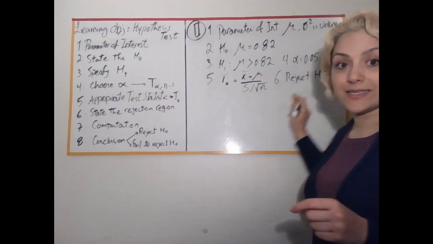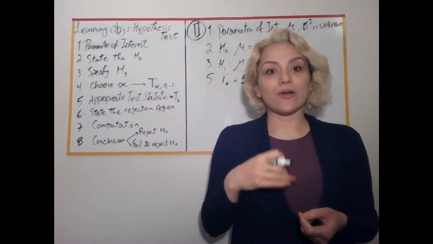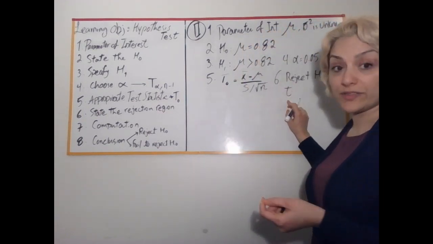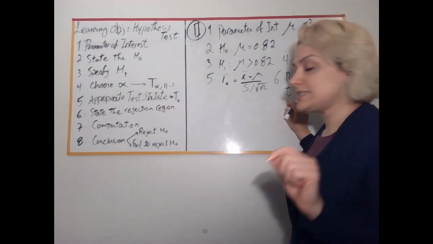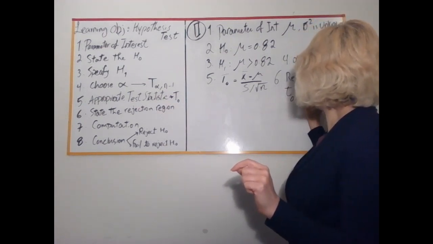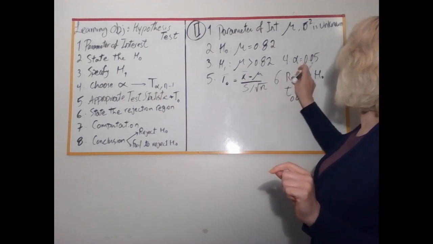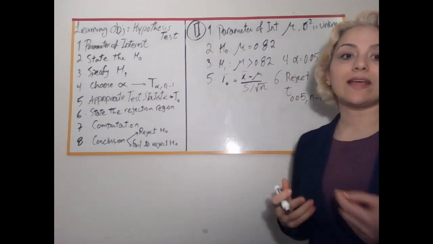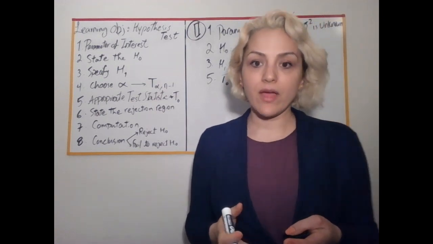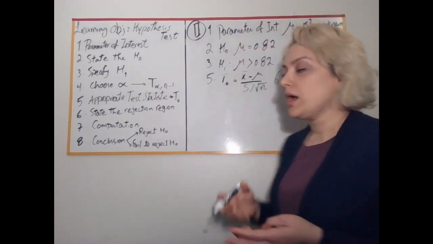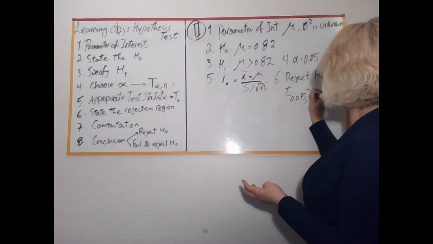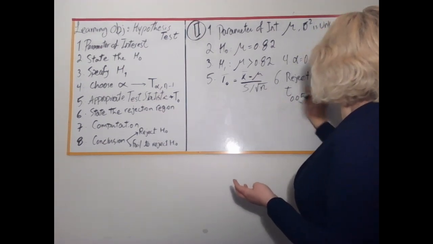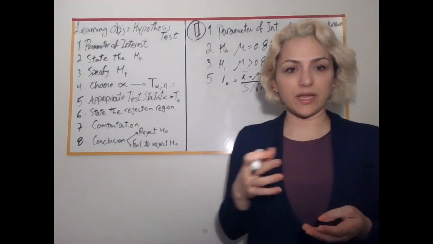null hypothesis if our t, the value of the t at 0.05 and n minus 1, so whatever n that we have, the sample size that we have, minus 1, so the sample size was 15, the n minus 1 is going to be 14.